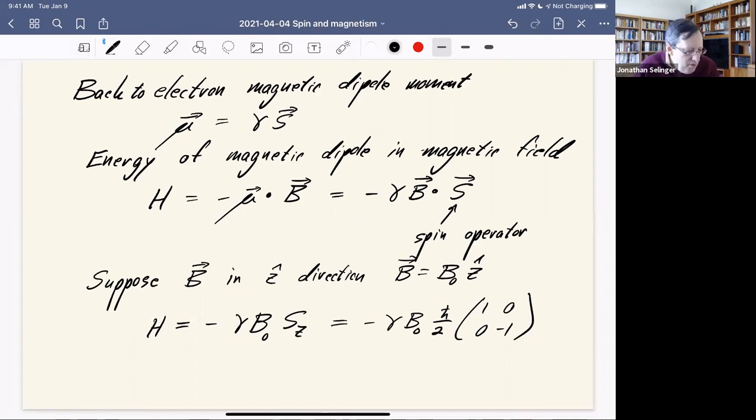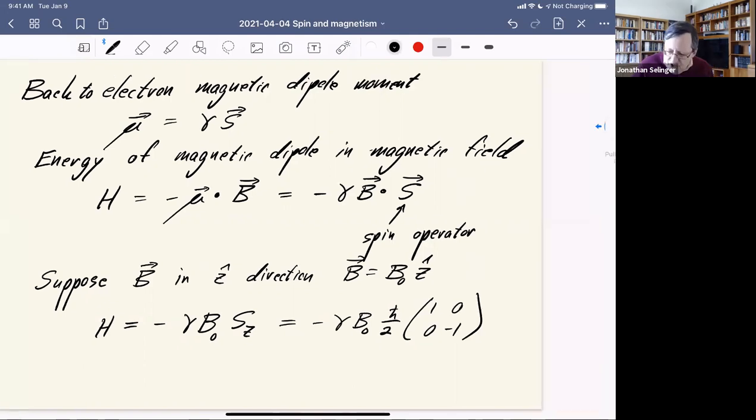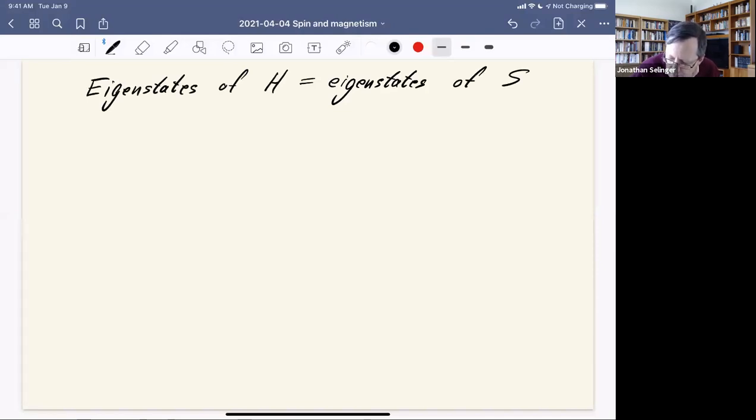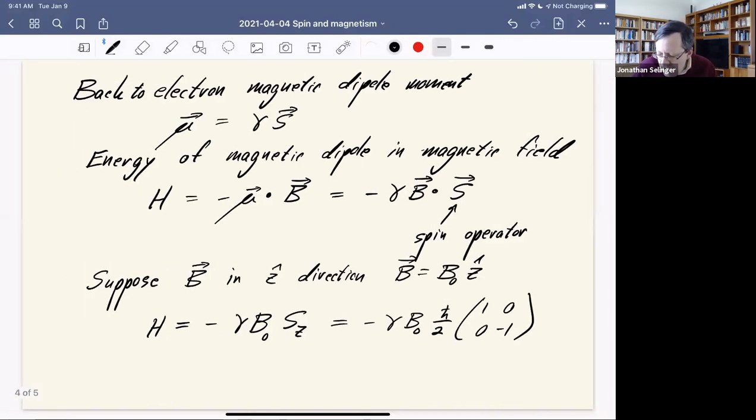Then the eigenstates of the Hamiltonian are the same as the eigenstates of Sz, because it's just a scalar times Sz.